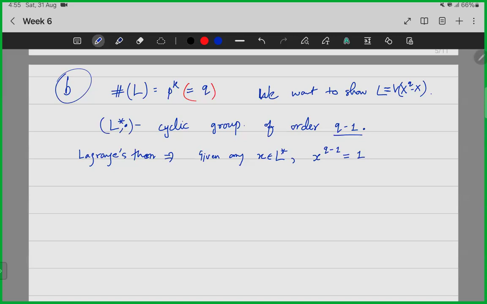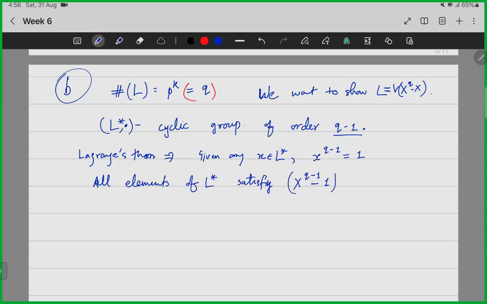Every element satisfies x to the power of the order of the group is equal to the identity. So all elements of L star satisfy x power q minus 1 is 1.